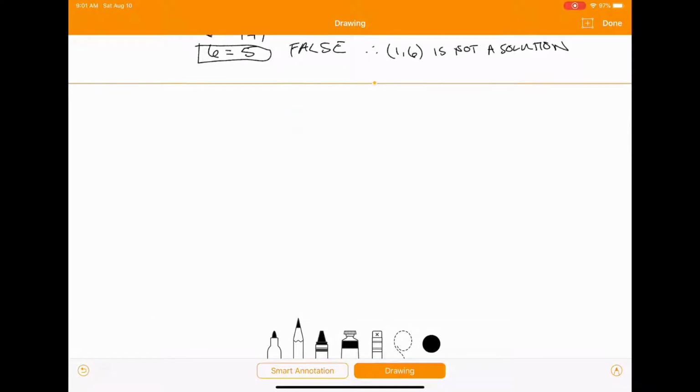Now, if we wanted to find solutions to our function, we can also do that. All right, so let's say we've got the function y equals 2x minus 2. All right? And we've got the ordered pair, let's say 3, y.